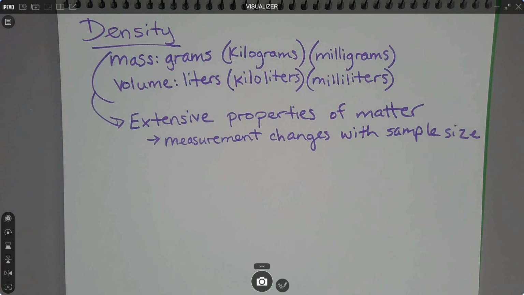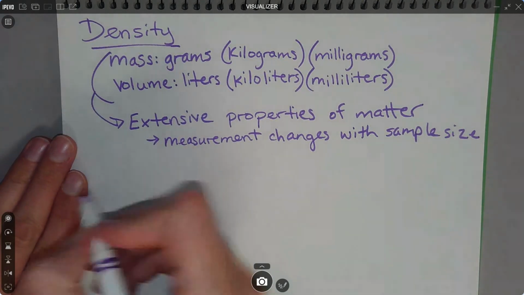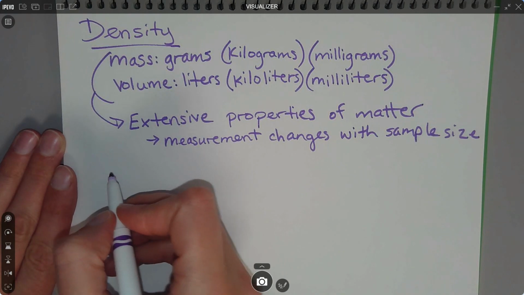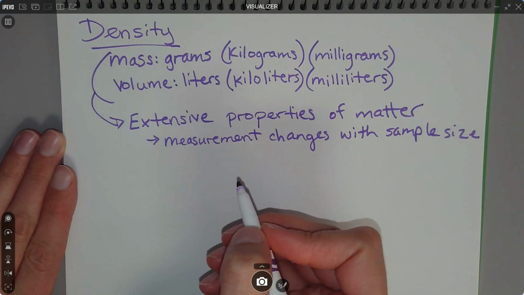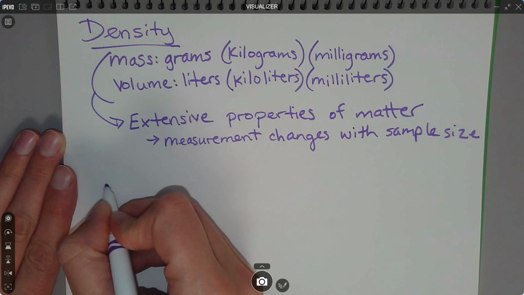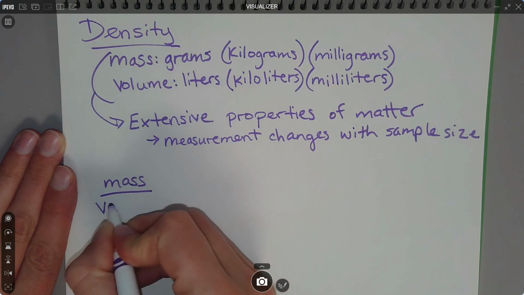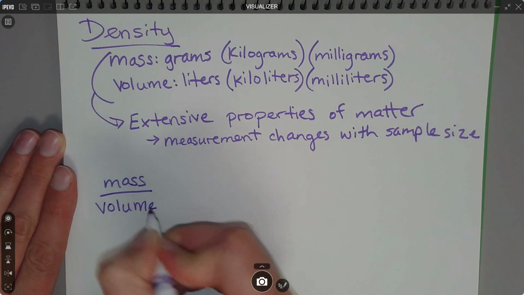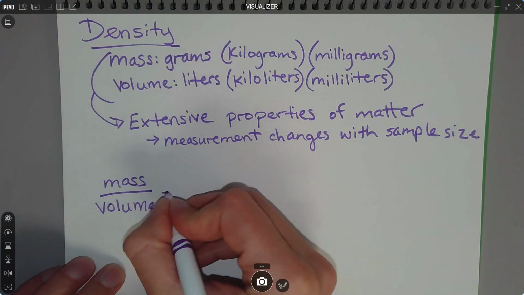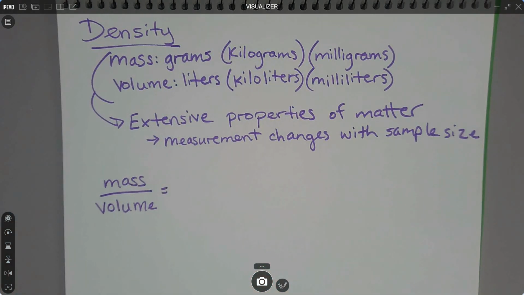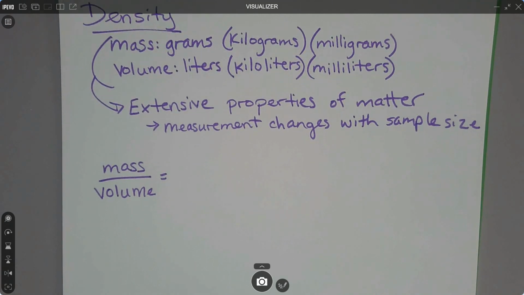However, we're going to now try something new. We're going to divide them. Who's got a mass of an object?